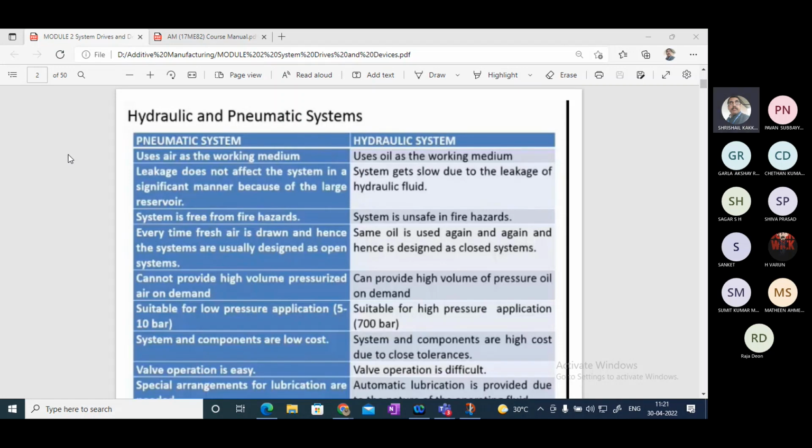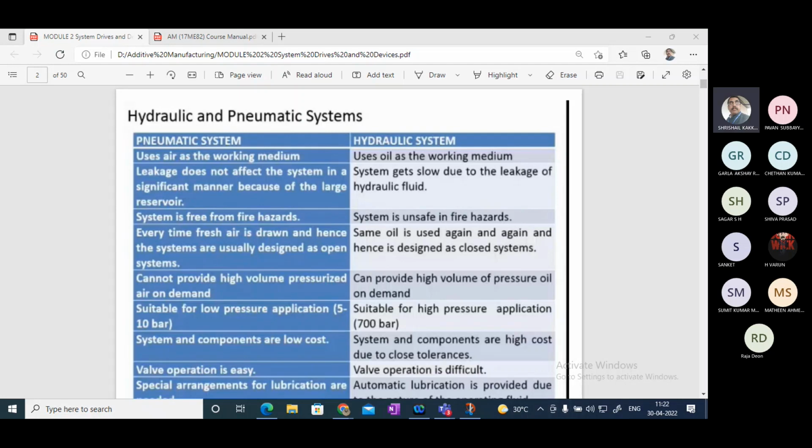And the air system or pneumatic system components will be quite low cost as compared to hydraulic systems. Hydraulic systems will have a very high cost as compared to electrical and pneumatic systems.